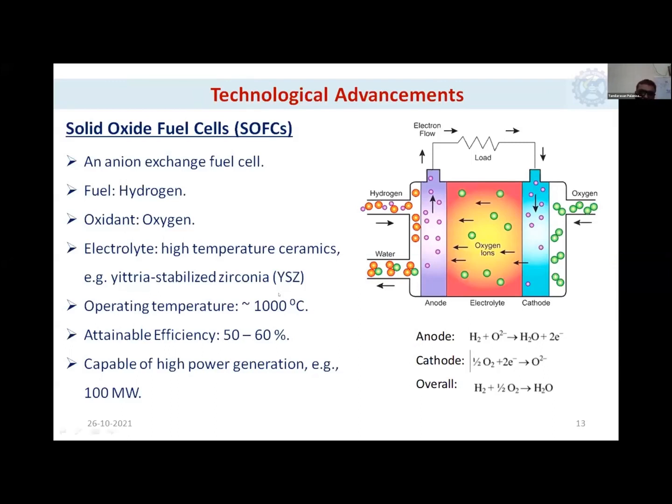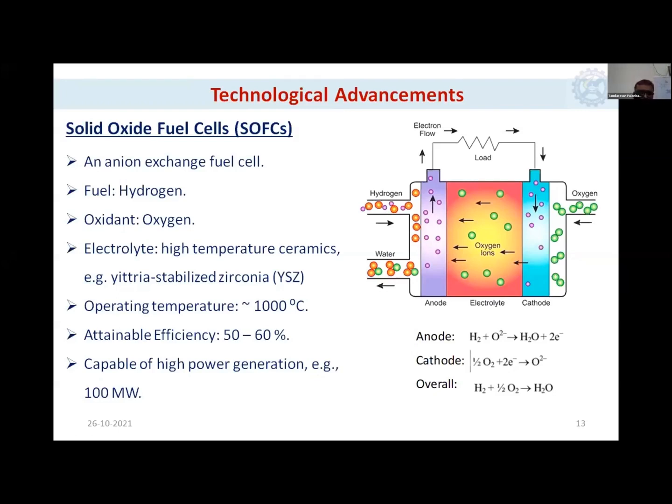It operates at 1000 degrees Celsius. And generally, we use YSZ, yttria-stabilized zirconia. Here, actually, zirconia will be in a cubic phase because of the incorporation of yttria into its matrix.